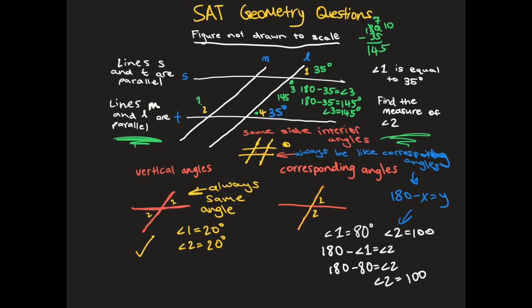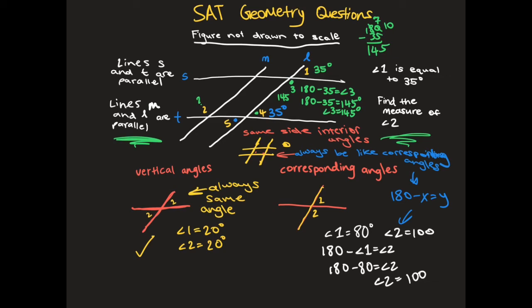Now let's use a new one. You've got a vertical angle here, 35 degrees. Now let's try and find this. Remember, vertical angles are always equal to each other. So this is angle 4, and we'll label this angle 5. These two will always be equal to each other.